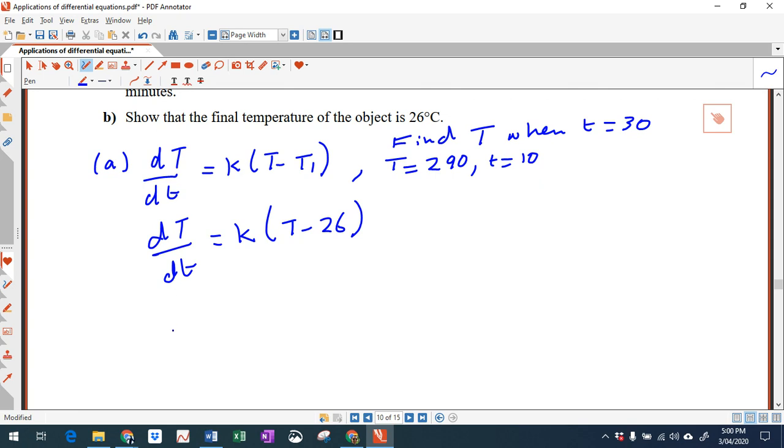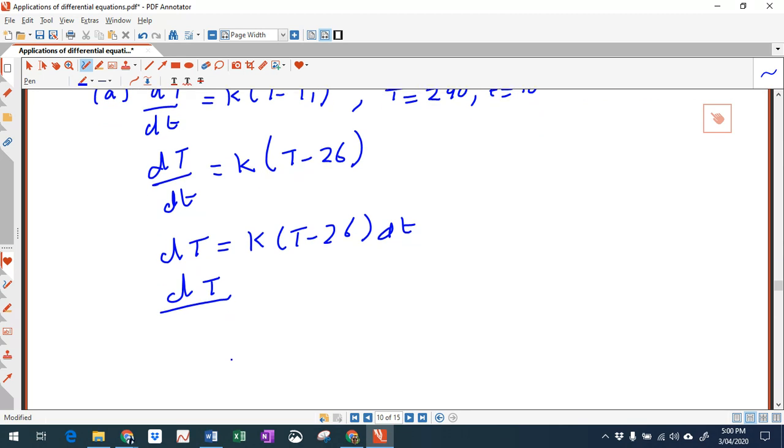So let's do separation of variables. I'm going to have dT/dt = k(T - 26), and then dT over T - 26 is equal to k dt.